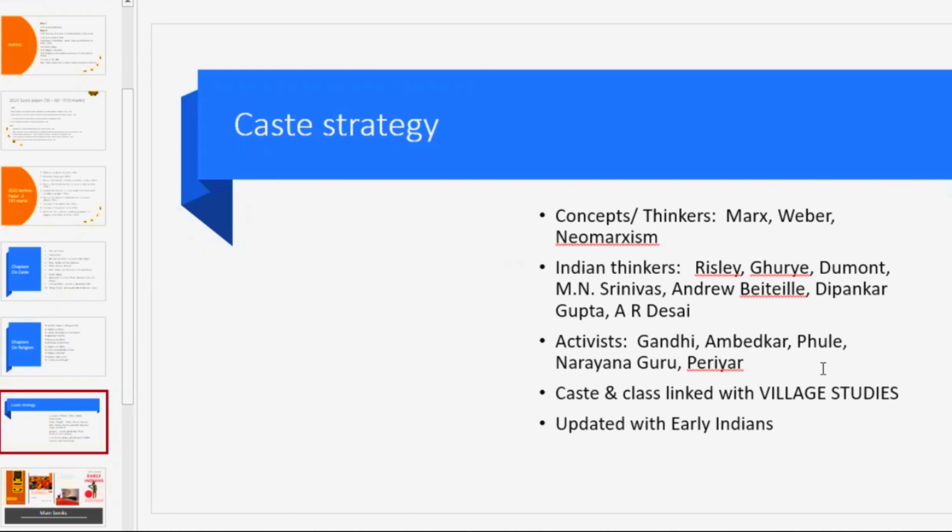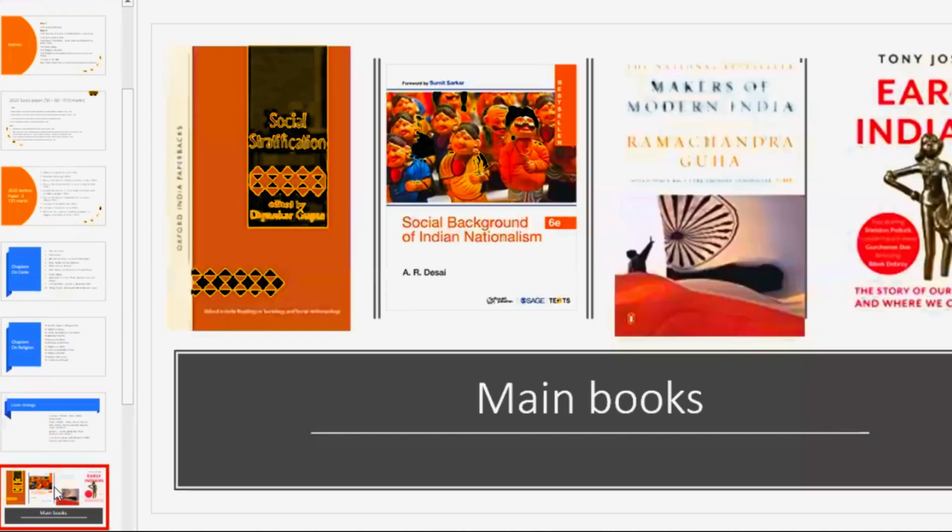Okay. And coming to the origins, I updated the entire discussion on caste on the basis of the book titled Early Indians. In fact, these are the books that I used. Social Stratification by Dipankar Gupta. This is very good on stratification, caste and class. And then this gives background of the village during the pre-colonial times, colonial times, and how the village changed.